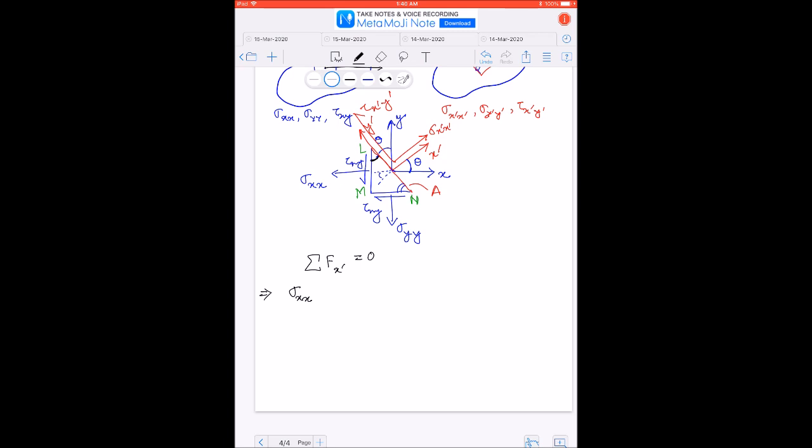So we can write it down here. LN has area A, LM is A cos theta, and MN is A sin theta.